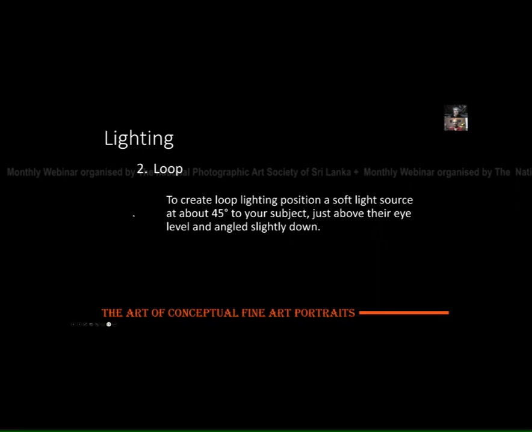Mostly I use loop lighting. So I set the light about 45 degrees, camera right or camera left, depending on the background, because I need to follow the lighting on the background. Most of the time I like shooting with my light on the camera right, and most of my backgrounds either have no obvious light on the background, or the light is on the right side.